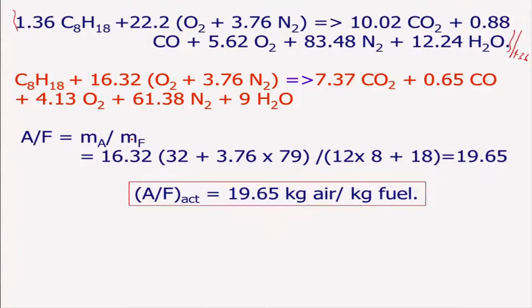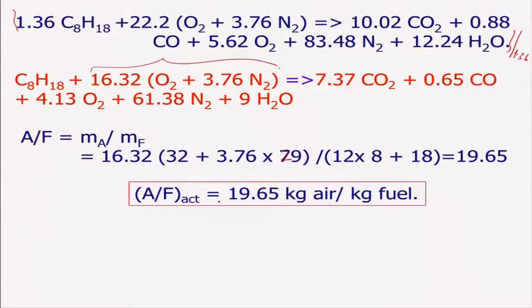So, if you look at the mass of air, it is basically this portion, that is 16.32 into the molecular weight of oxygen plus 3.76 into 29, divided by 12 into 8 plus 18, and that will give you 19.65.